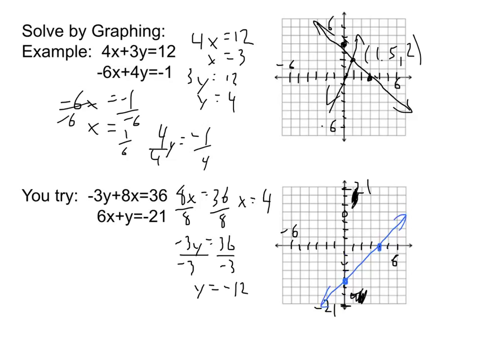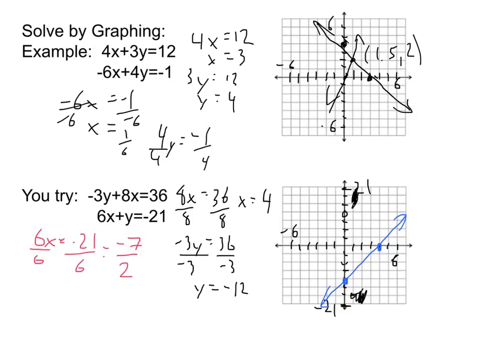Okay, for the second equation, if I go 6x equals negative 21, divide by 6, divide by 6, I can divide both of those by 3 and get negative 7 over 2. So that's my x-intercept.